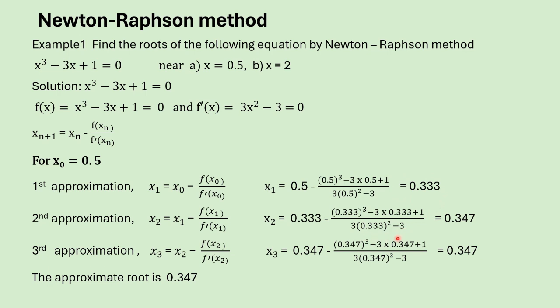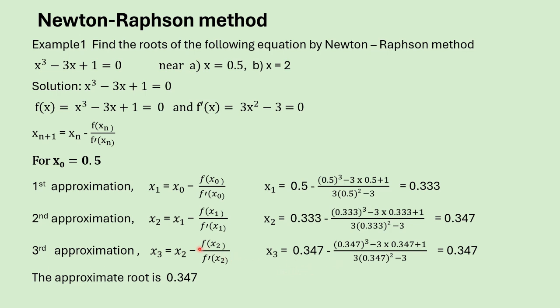Now we have to carry out the next iteration. Here x3 is equal to x2 minus f of x2 by f dash x2. The x2 value we are placing here, minus f of x2.